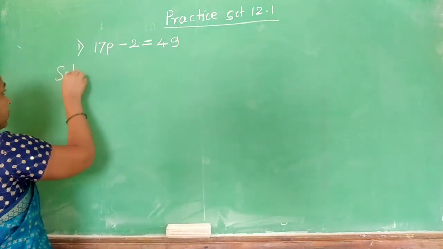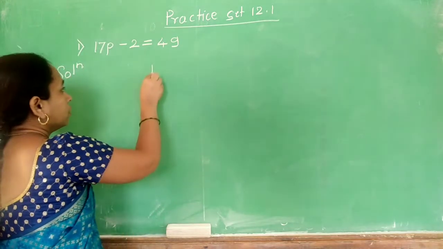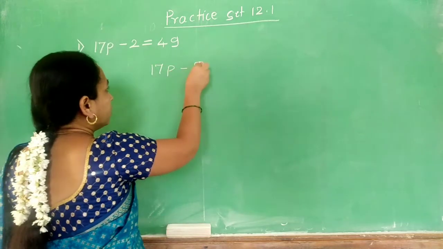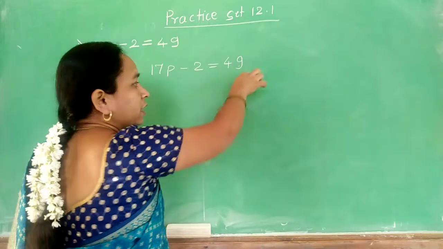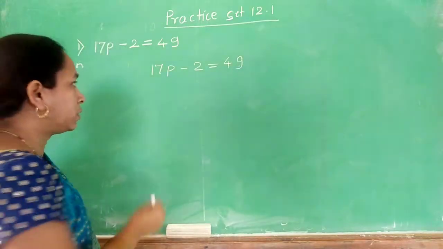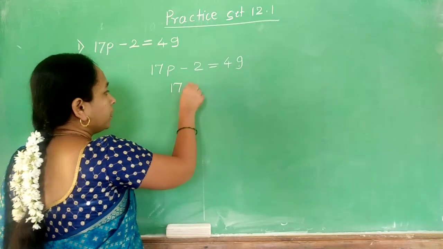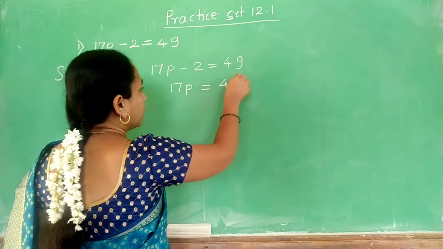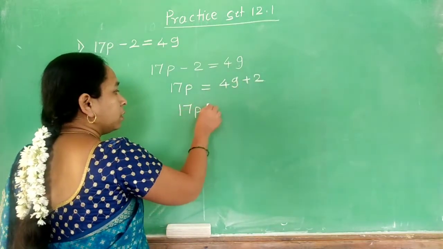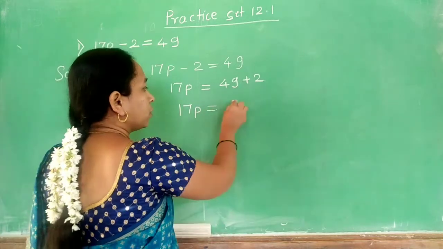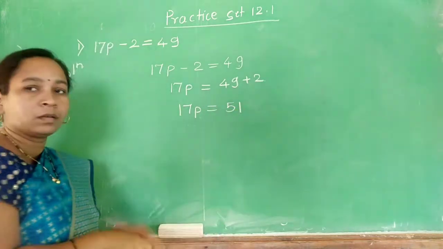So solution, 17p minus 2 is equal to 49. Minus 2, transfer it on that side, so it will be positive 2. So 17p is equal to 49 plus 2, which is 51.